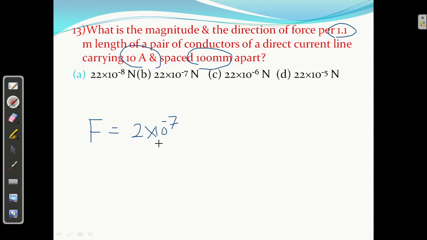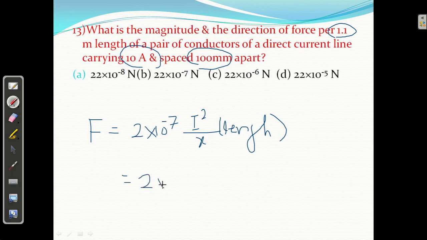Simplified, actually that is mu 0 by 4 pi into mu r like that. So I'm getting 2 into 10 raised to power minus 7. Two conductors are there in parallel, so it is I square upon x, the distance between these two, into the length. That is the answer.